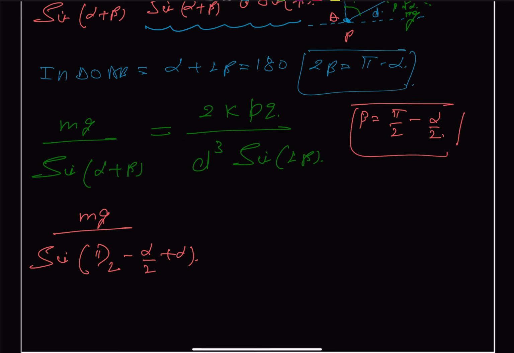So we are going to use both equations. Here we are going to use the first part, we are going to substitute our beta, and in the second part we are going to substitute our twice beta.